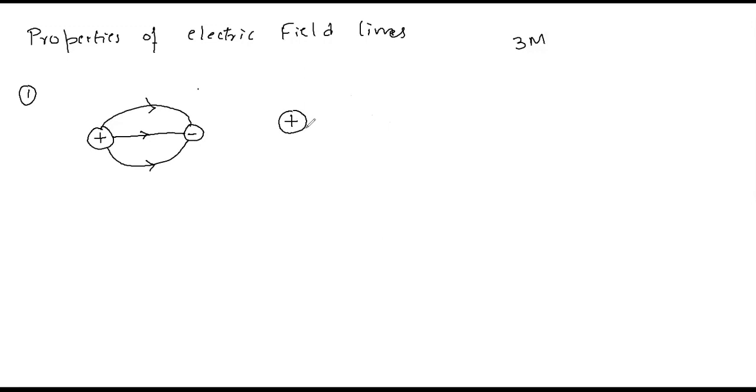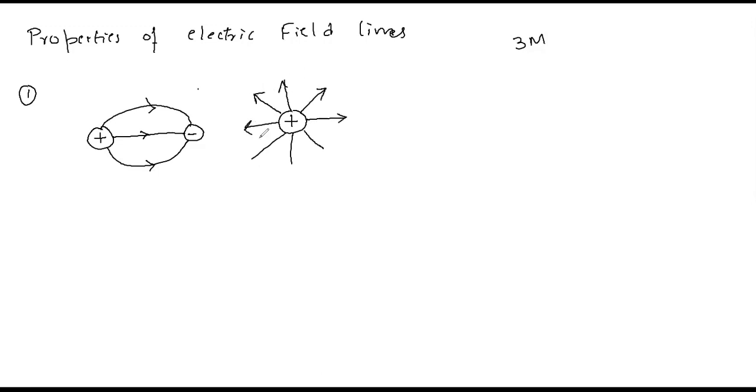If you consider only a single positive charge, the electric field lines originate from the charge and move towards infinity. So this is for the positive electric charge. You know how to draw it.